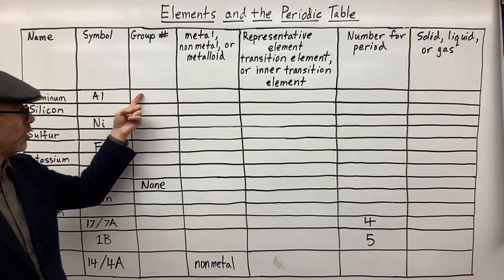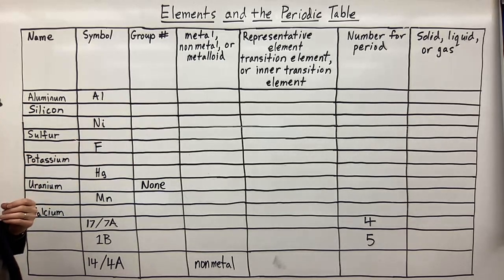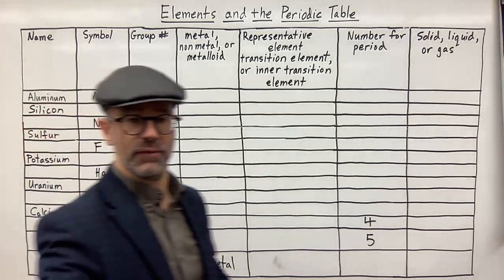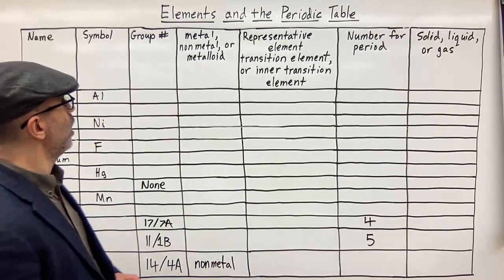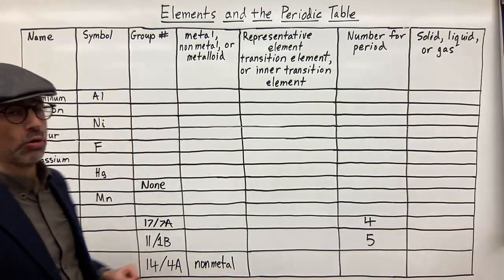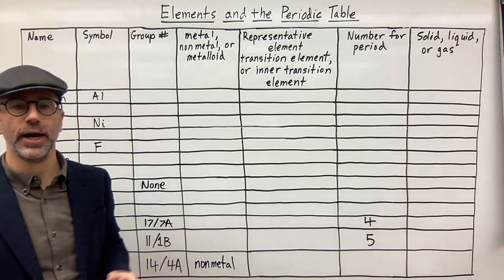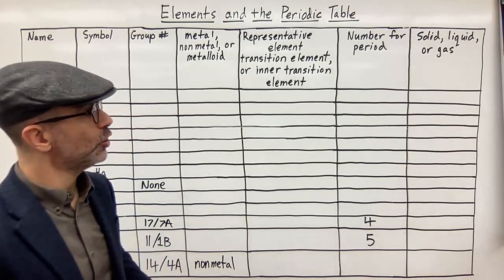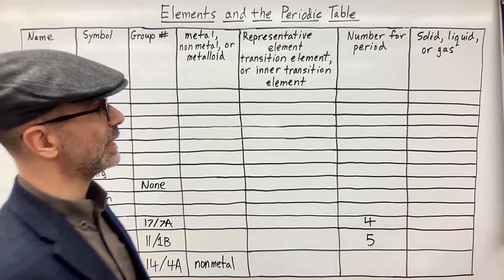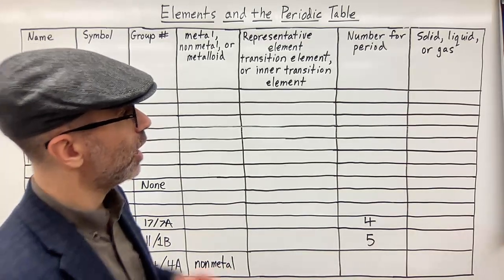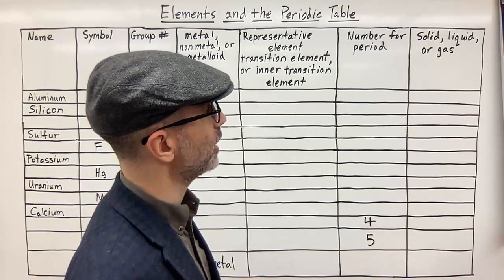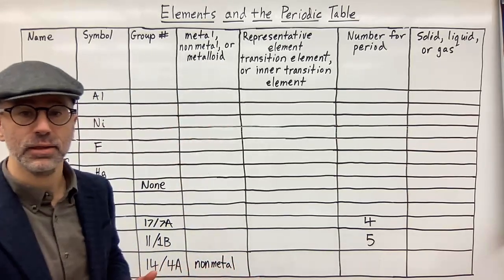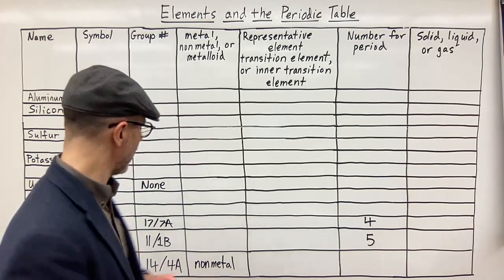So the group number, again, in this case, oops, hold on a second. Found a mistake. Okay, fix that mistake. Okay, so the group number. If you go to your periodic table and you find aluminum, you'll find that according to the IUPAC way of naming, it would be in group 13 or group 3A.